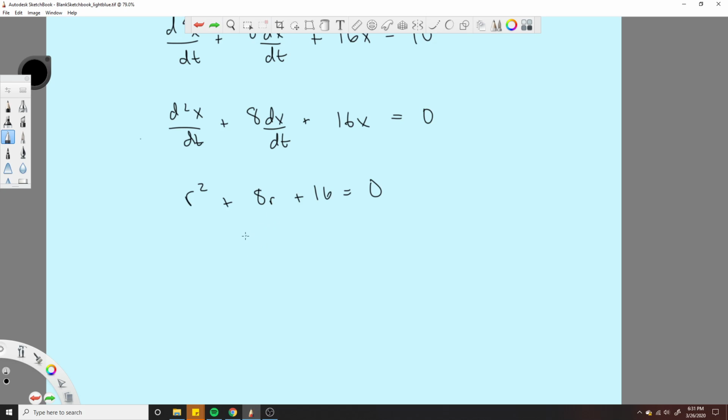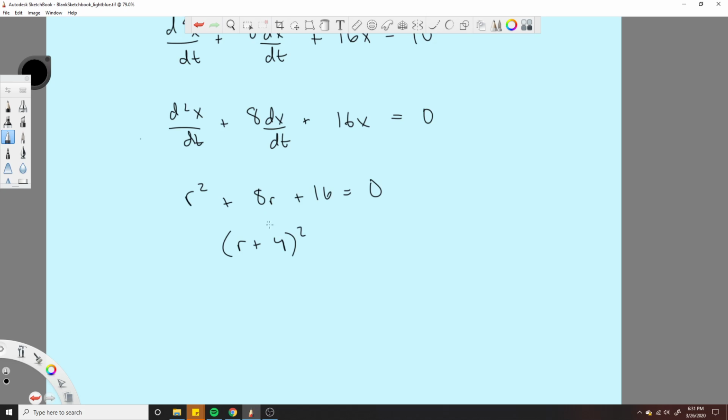Now I'm going to use the quadratic equation. So negative b is negative 8 plus or minus the square root of 8 squared, which is 64. Oh, wait. We don't need to do that. Sorry. We can just factor this. This factors into r plus 4 squared.